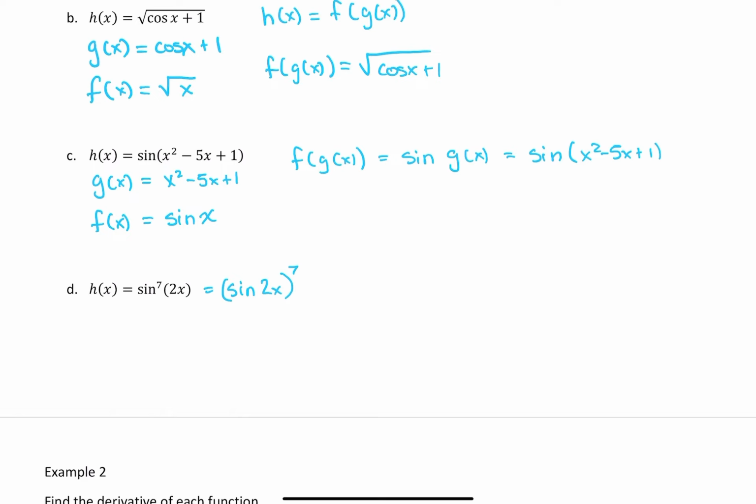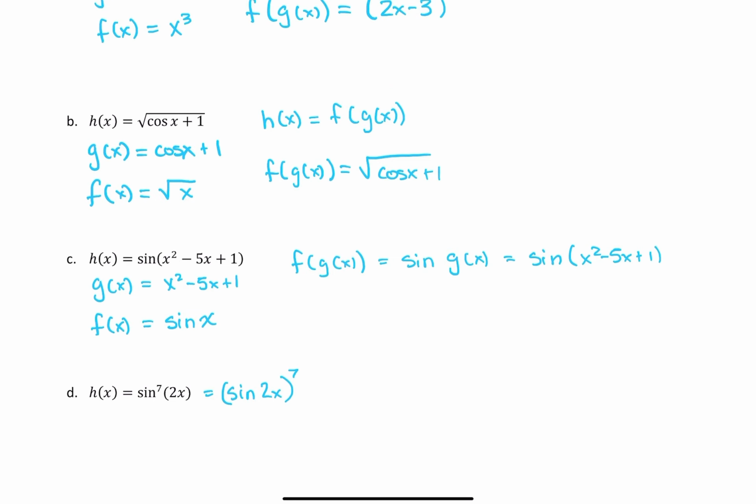Actually, if we go back to part B and part A, we can add one more layer to that. For B, when we wrote this as f of g of x, more appropriate would have been to initially say that f of g of x is going to be the square root of g of x, which would have given us the square root of cosine x plus 1.